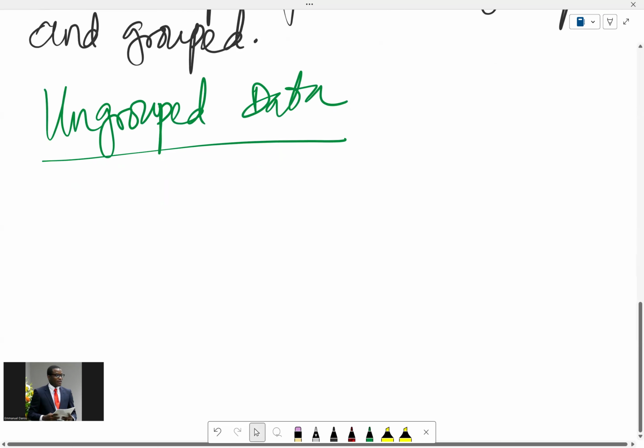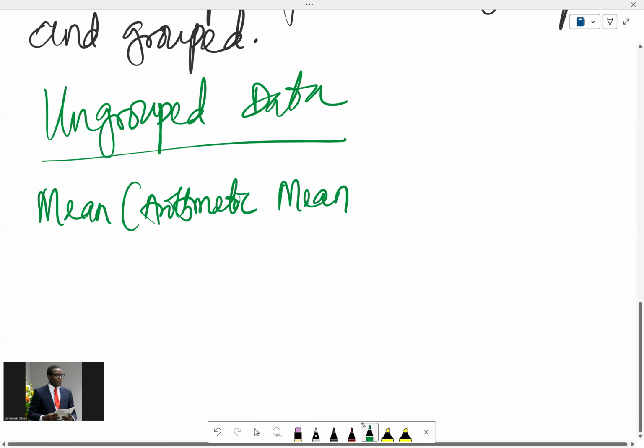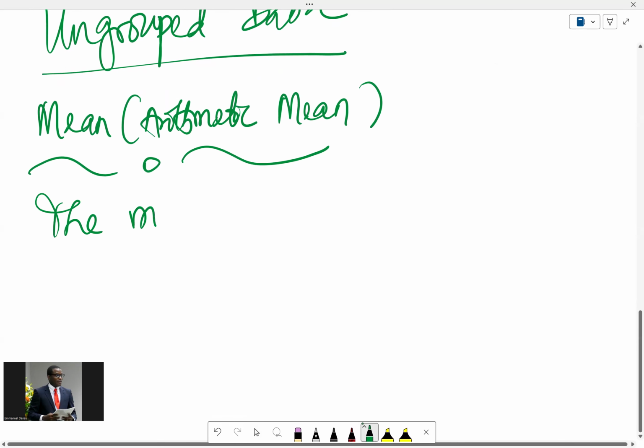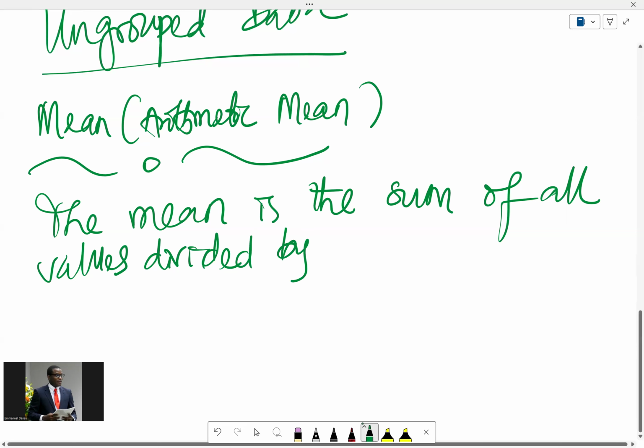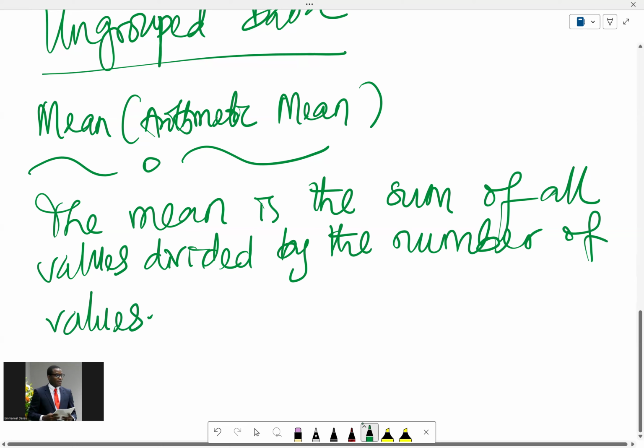The first thing we are looking at for ungrouped data would be mean, or what you can call arithmetic mean. Interestingly, there are all kinds of mean, but in this case, we are focused on arithmetic mean. The mean is the sum of all values divided by the number of values. It is also known as average.